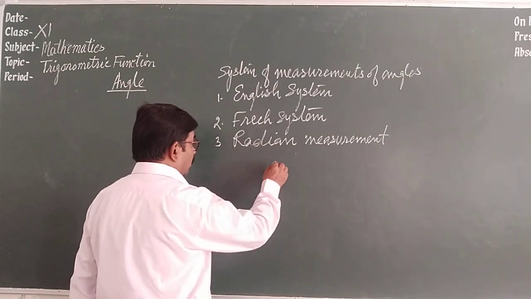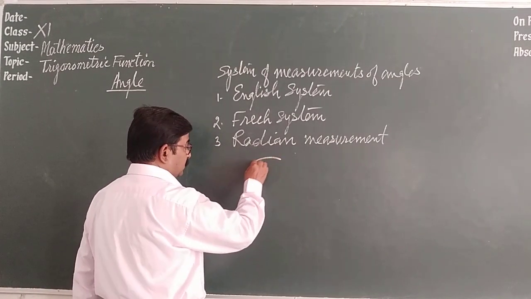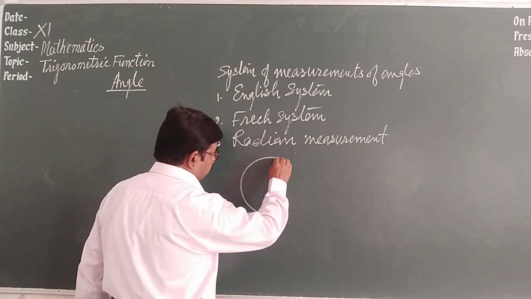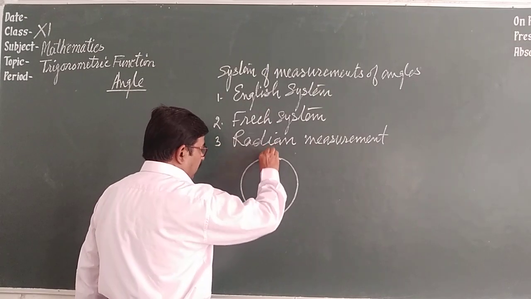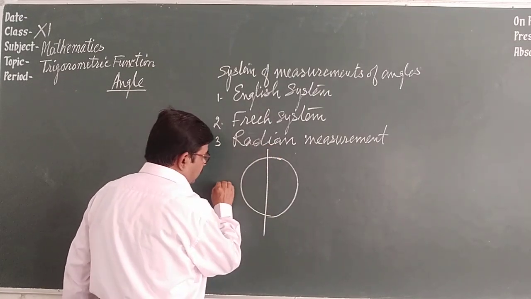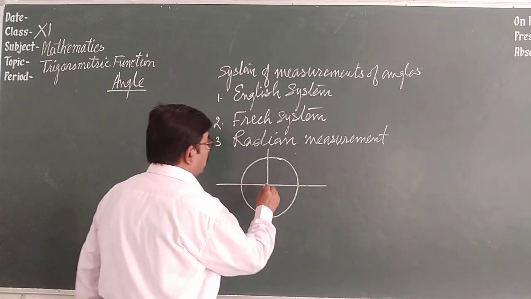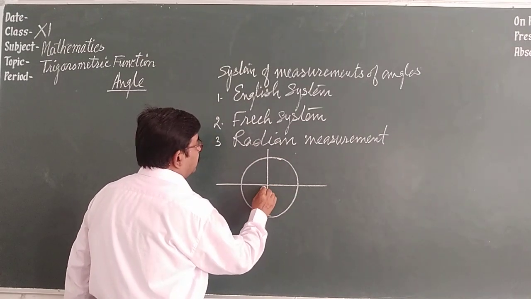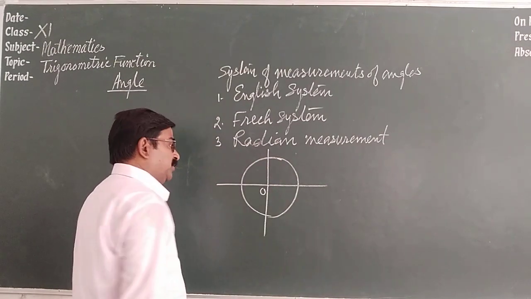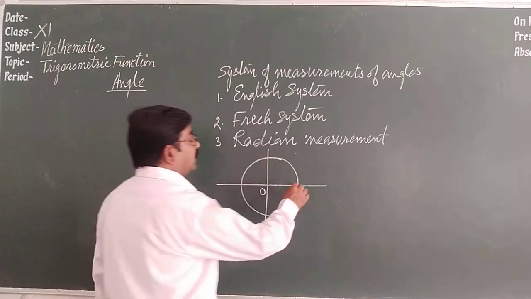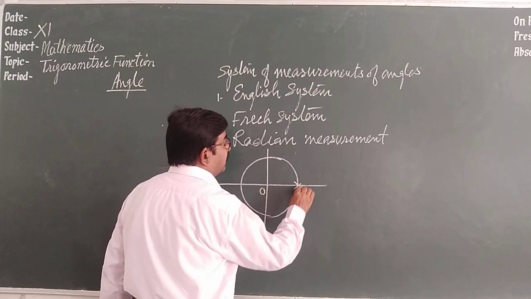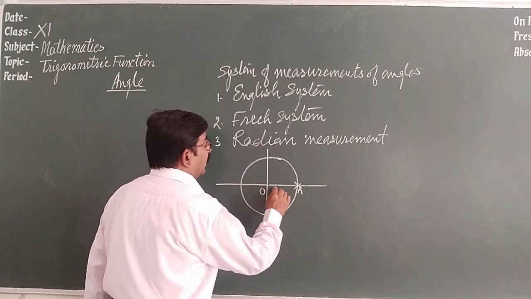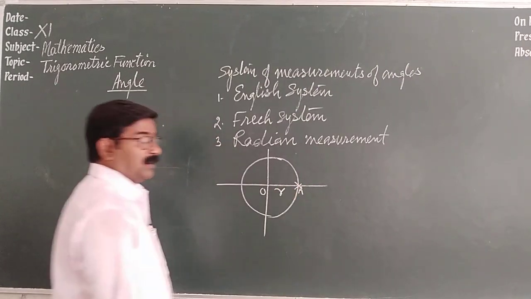Suppose we have a circle and its center is at origin. Let its initial ray be OA and its radius be R.